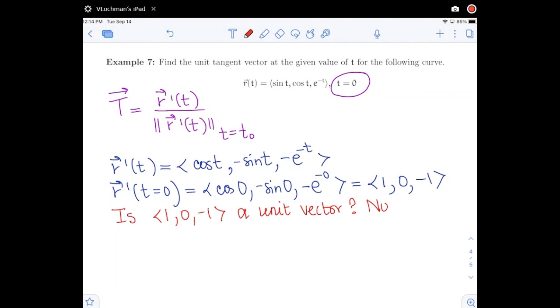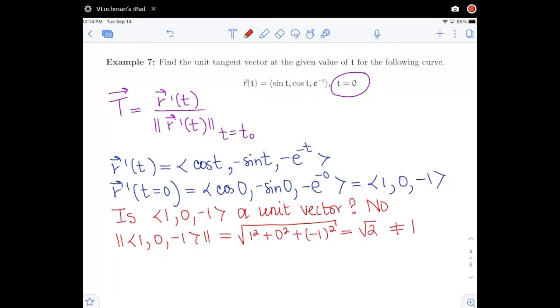Now, if it was 1, 0, 0, or 0, 0, -1, then the answer would be yes, that's a unit vector. Okay? But if you compute the magnitude of this vector, it is 1 squared plus 0 squared plus -1 squared, square root of this, square root of 2, that is not equal to 1.